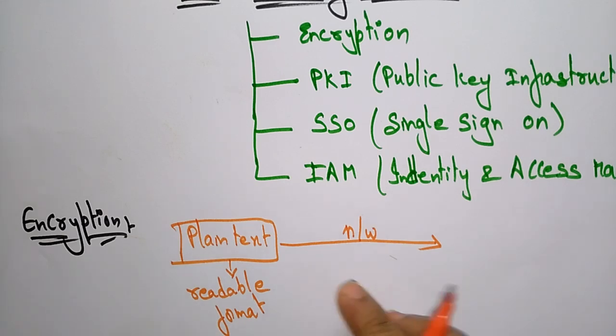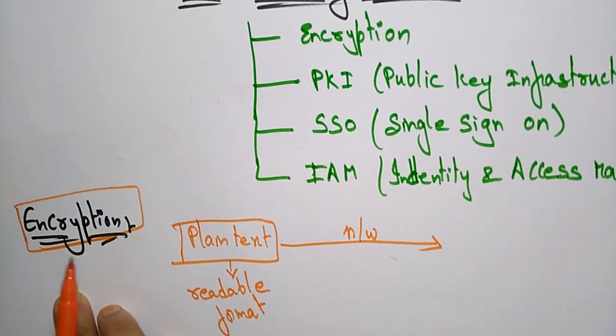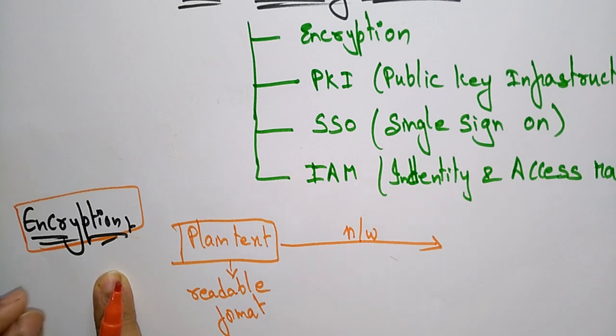So to avoid that hacking, we are introducing the concept of encryption. This encryption is a digital coding system dedicated to preserving the confidentiality and integrity of data. So this encryption mechanism is going to make the data confidential and maintain integrity.